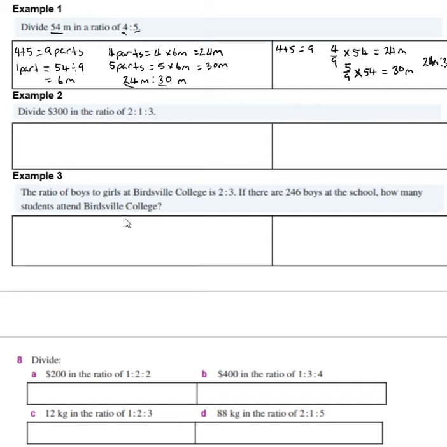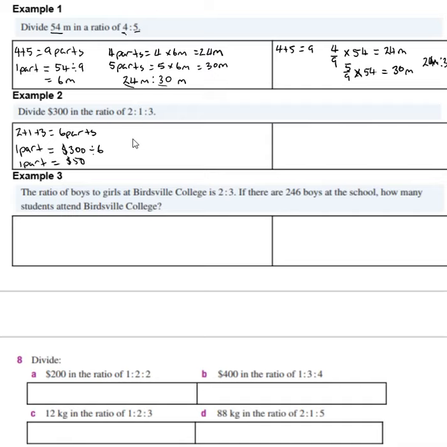Alright, example 2 is a similar question. It says divide $300 in the ratio 2 to 1 to 3. So 2 plus 1 plus 3 gives me 6 parts in the ratio. So if I know 6 parts, it's important that I find out what 1 part is. So I'm going to take my whole amount, which is $300, divided by 6 parts, and that tells me that 1 part of the money is equal to $50.